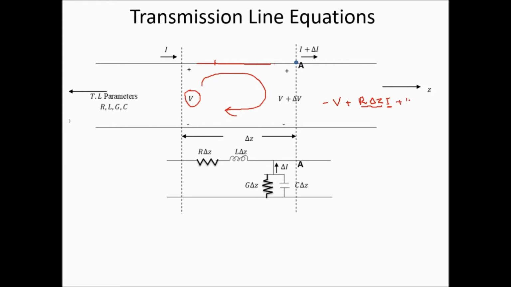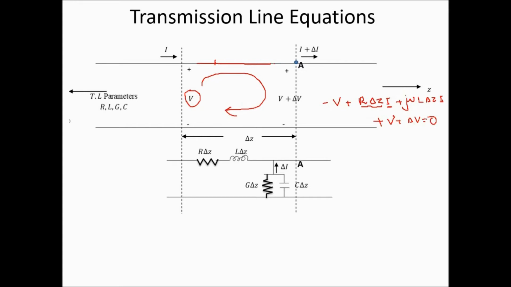And here the voltage will be j omega L delta Z times I. So this is the inductive reactance times I. And the voltage here, we are starting with a negative sign, so V plus delta V equals 0. Or simply we can write V equal to this part.